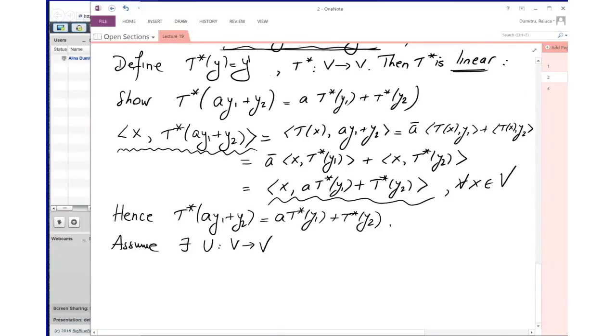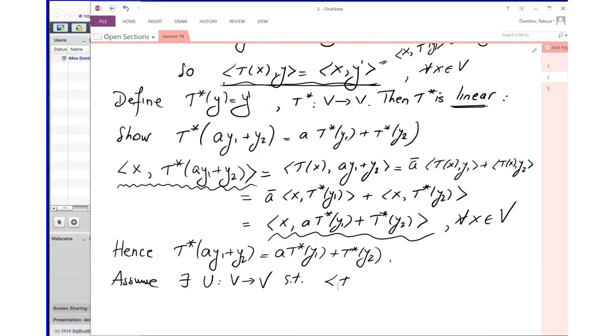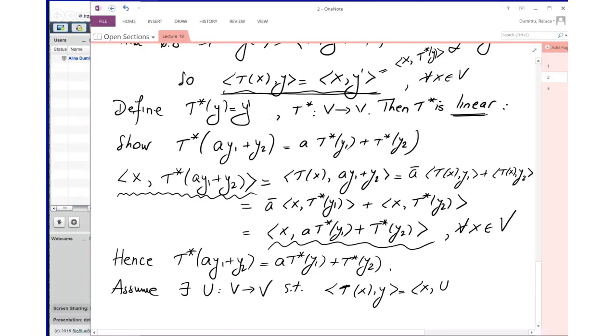Let's call it U. It's going from V to V. And it has the property that, well, the same property that T star has. The inner product between T of x and y is the inner product between x and U of y, right? For any two vectors, x and y.